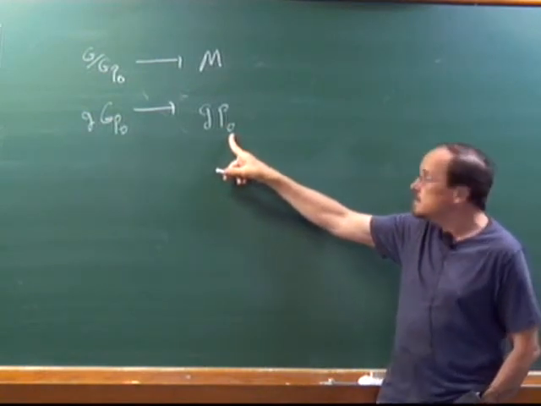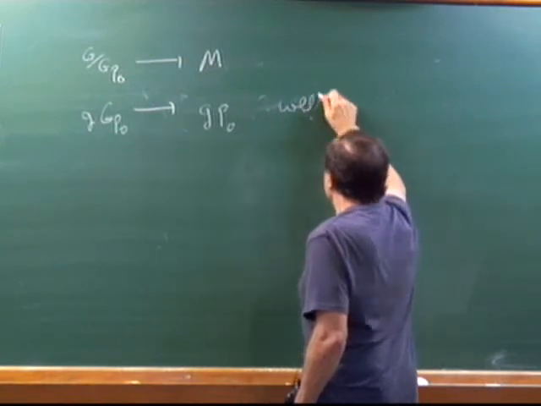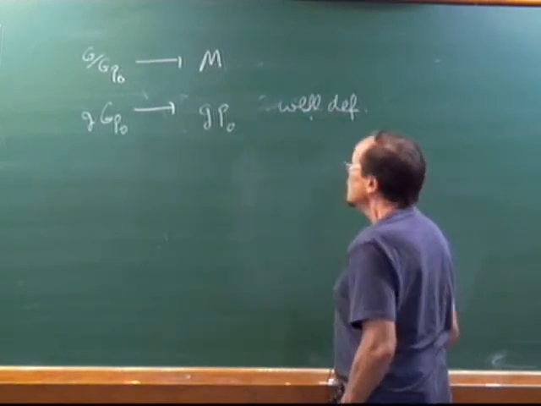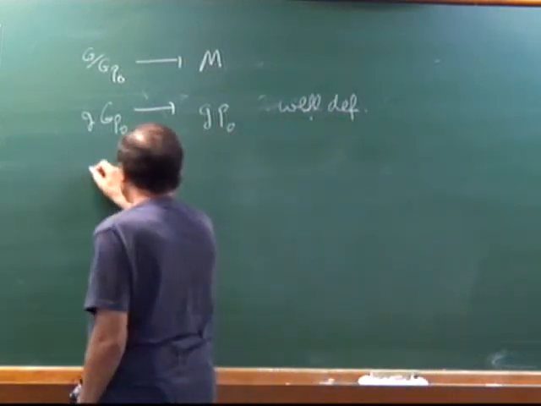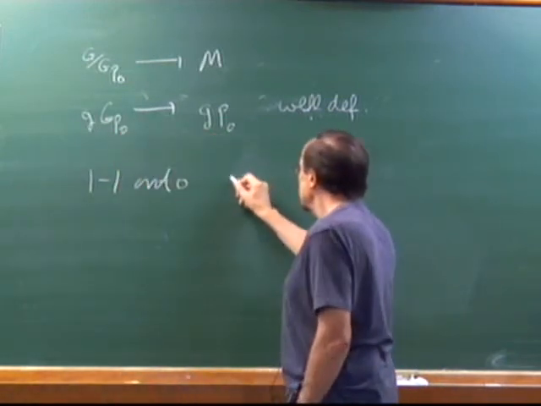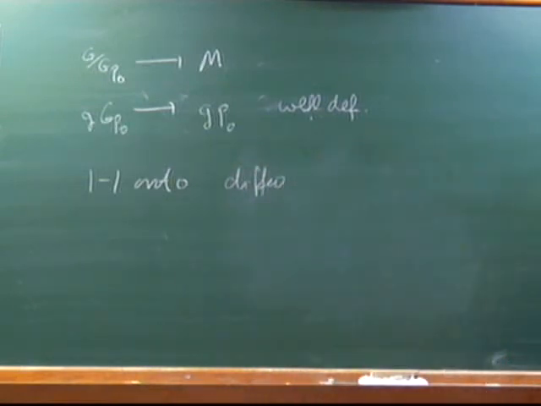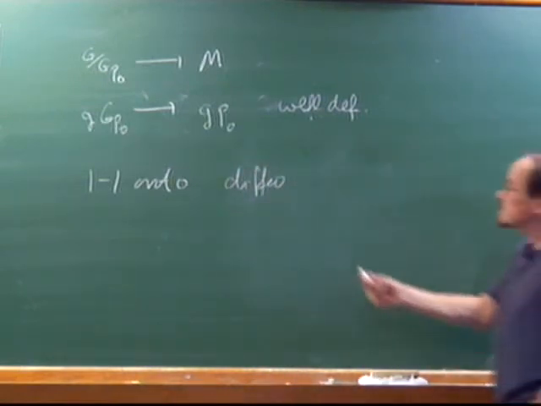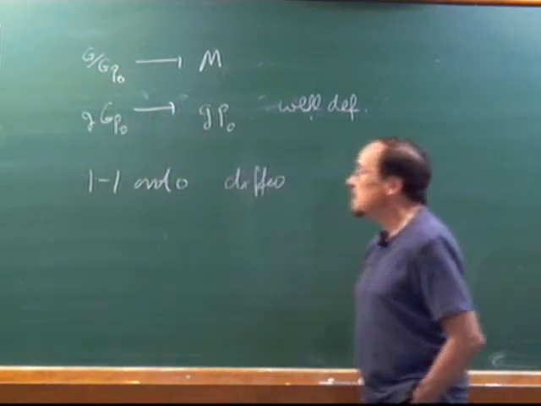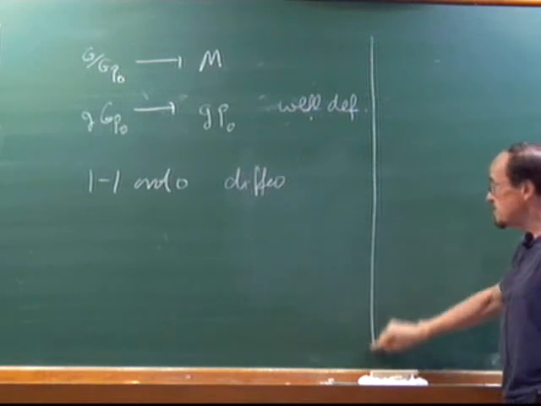So it's well defined. One can check it's one-to-one, it's onto because the action is transitive, and it's a diffeomorphism. So if a group acts transitively on a manifold, you can always write it as one of these homogeneous spaces, as a set of cosets. You probably have seen that before.